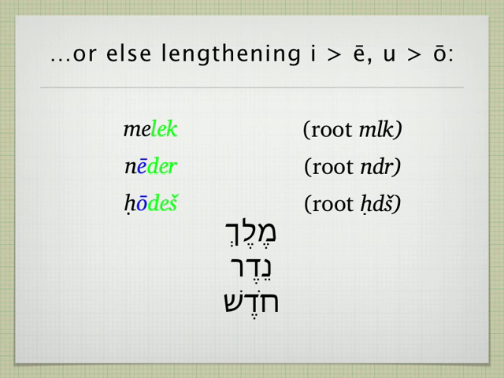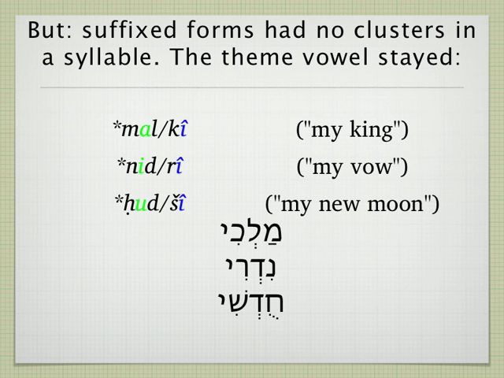But imagine the forms where there was a suffix on these, where instead of king, people were saying my king, or my vow, nidri, or my new moon, chudshi. In such forms, no consonant cluster ever develops because there's no case ending on these. And the suffixes certainly don't drop off.